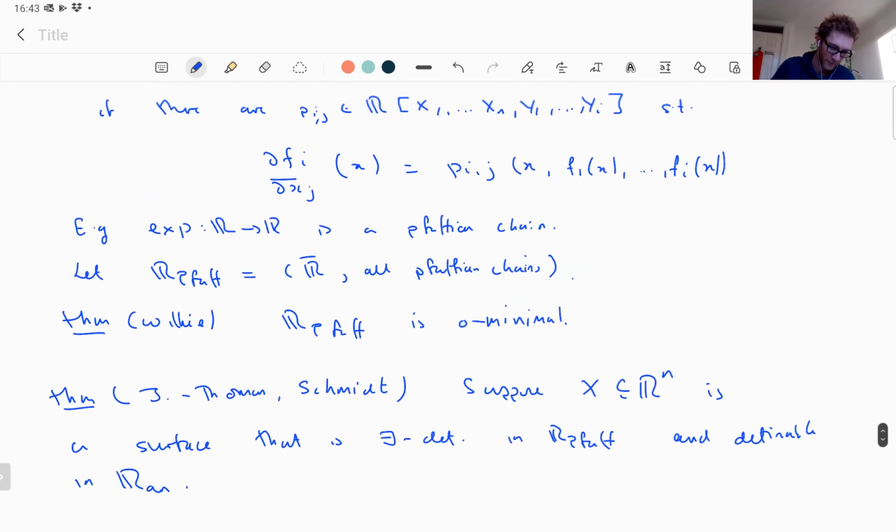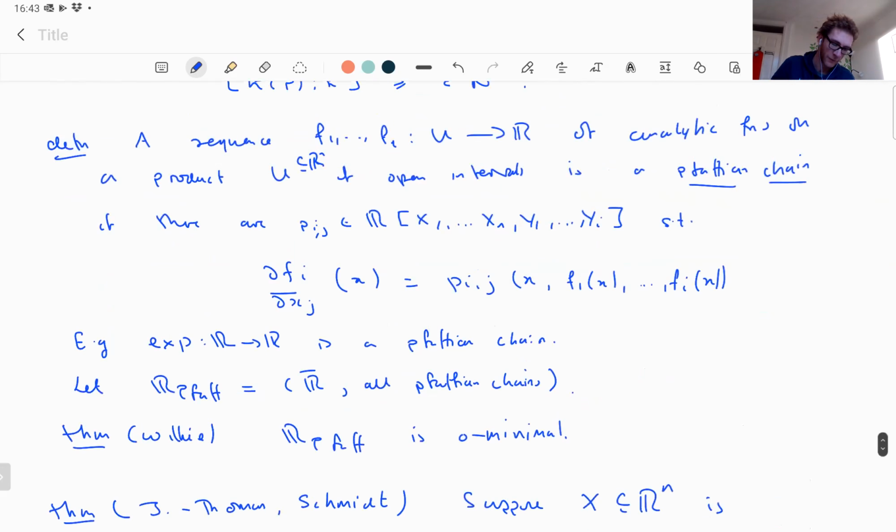So for instance, if you only need Pfaffian functions restricted to compact boxes, then this will be true.